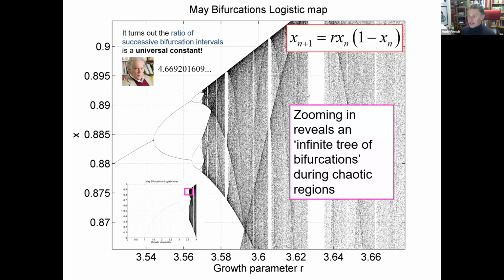You can keep going until you get to the atomic level, and then it's a bit different. So this is a fractal structure that at every scale looks the same: self-similarity. Amazingly, this fractal structure is related to this very simple bunny population model.